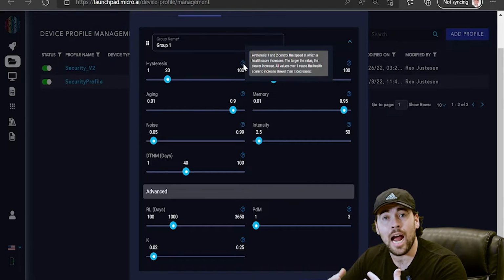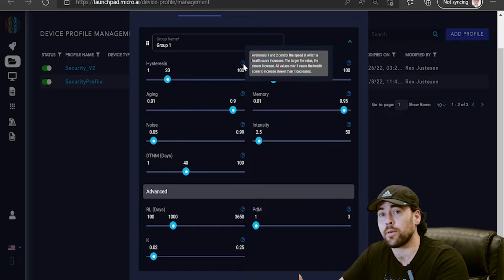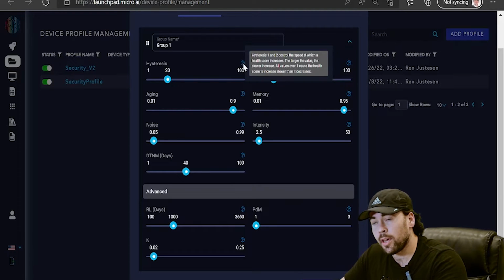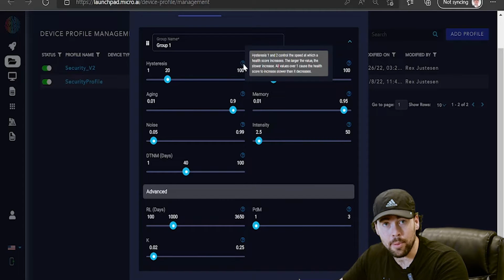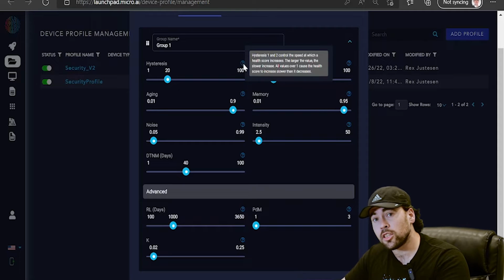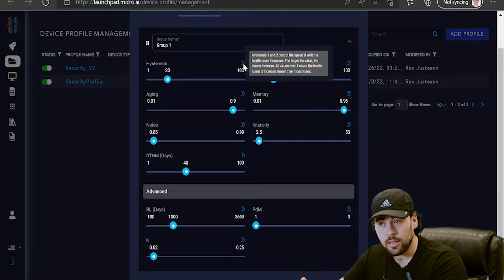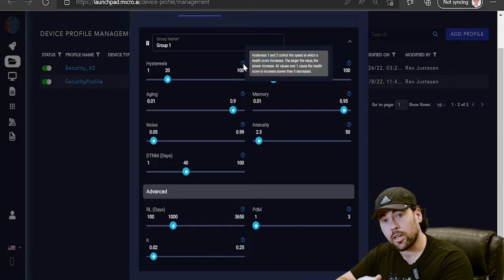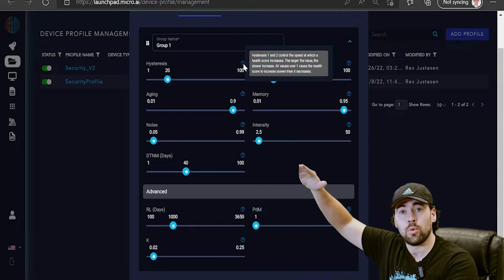That's out of range, abnormal behavior, and your health score, which would be at or close to 100, is going to dip. But if that change in speed only happens once, the health score is going to creep back up to 100.